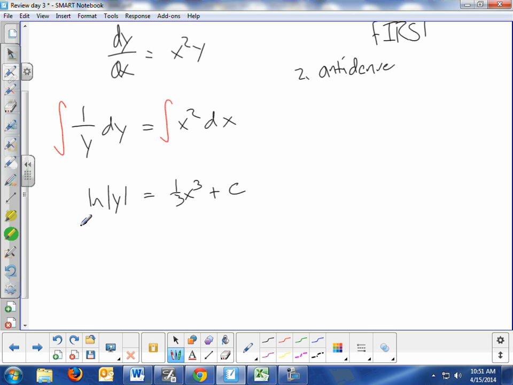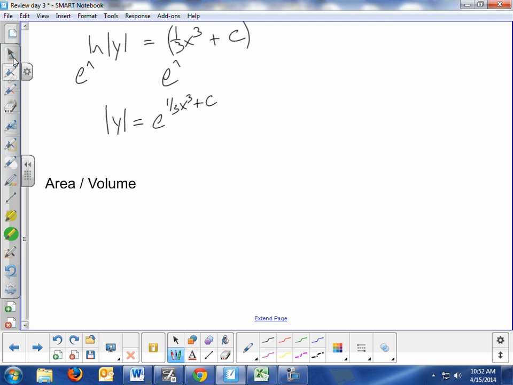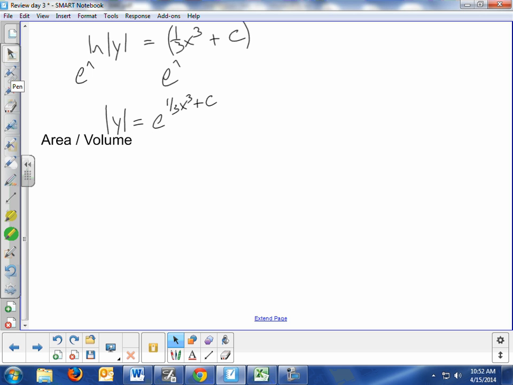Typically we solve for y, so I take e to the power of both sides. Make sure when you're taking e to the power of this side, you put that all in parentheses, giving you absolute y is equal to this. Well, now my c is up here in an exponent. I can use a property of exponents to bring this c down and make it e to the c times, I'm going to show you all these steps, and you guys can remember whether or not you skip it or not.